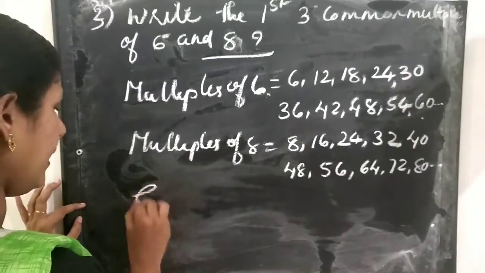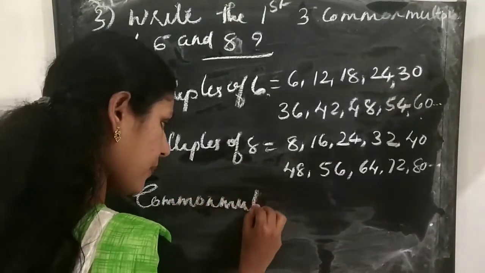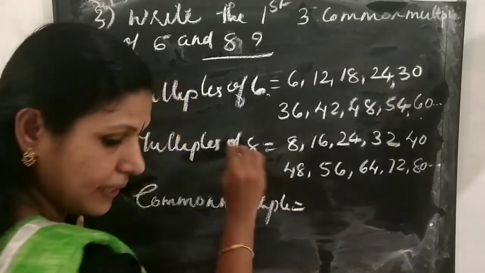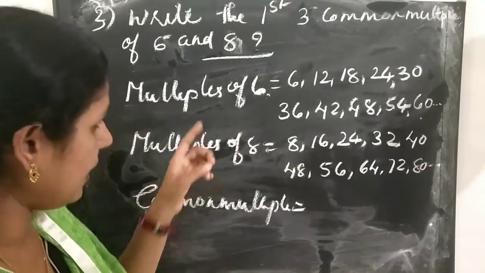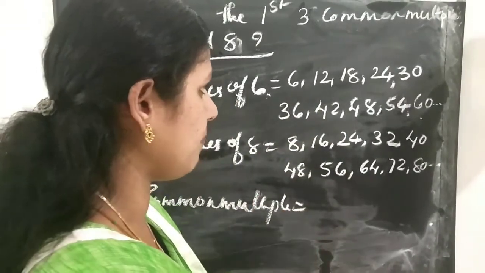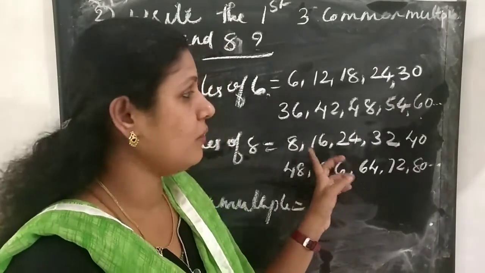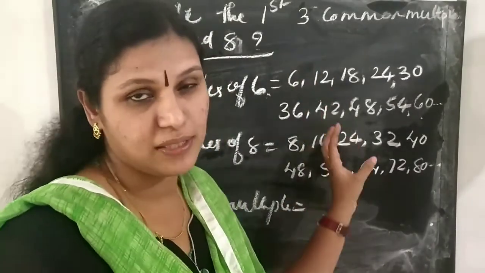Then next we need the common multiples. For the common numbers we just draw a circle.